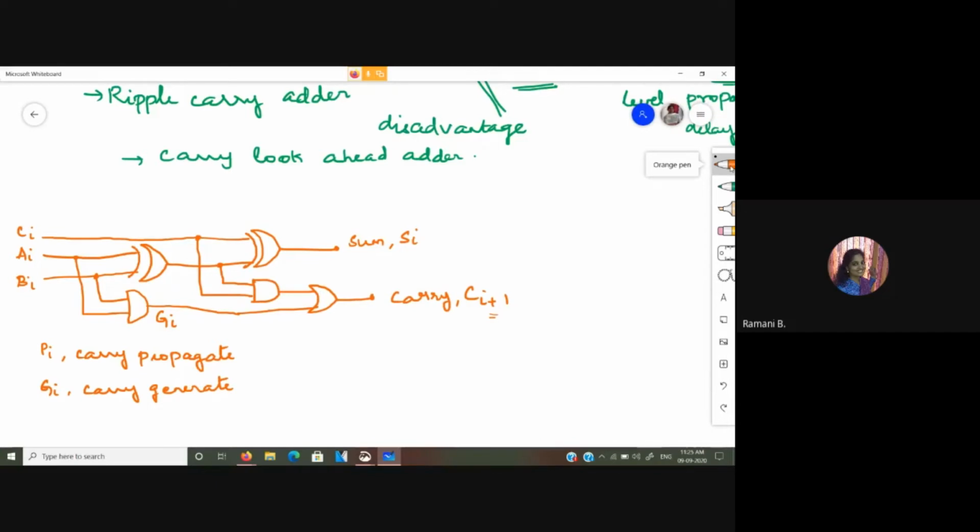And here this is just aiding with the final carry, so we call that carry propagate. So Pi is Ai XORed with Bi, and Gi is Ai ANDed with Bi. Okay.